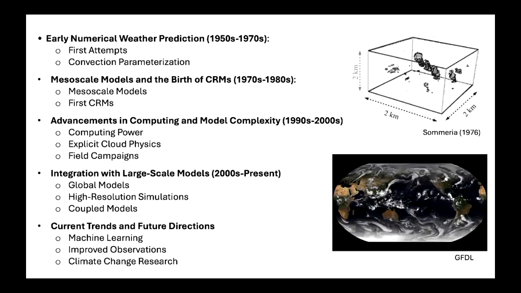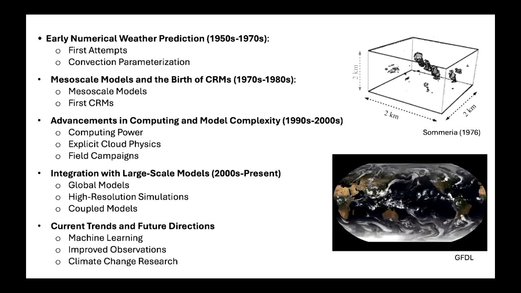And then it comes to 1970s to 1980s, and that's when the mesoscale models started to be developed. Our very first cloud resolving model was actually born in this period as well. And then during the 1990s to 2000, we saw some really rapid advancement in computing and also in the model complexities. That's a period when we saw some rapid development in detailed cloud microphysics, and physics in general.